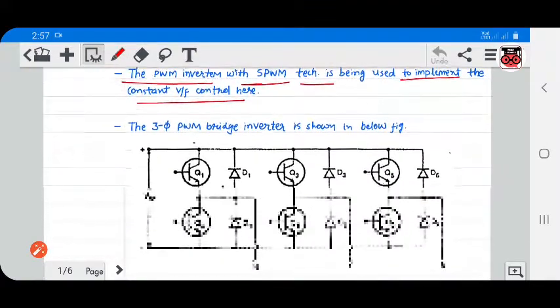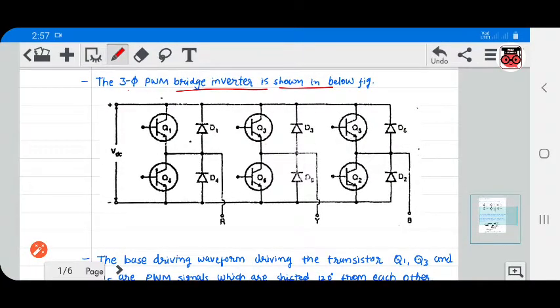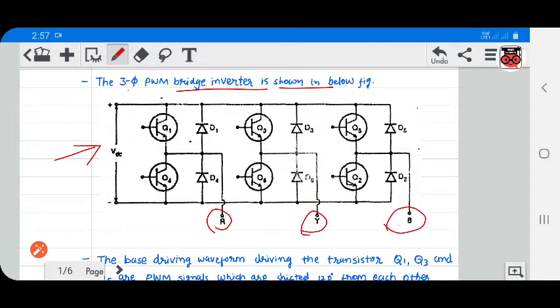The three-phase PWM bridge inverter is shown in the figure. In this figure, you can see this is a DC supply and this is R, Y, B. At this point, we can get a three-phase AC supply. These are the transistors and diodes.